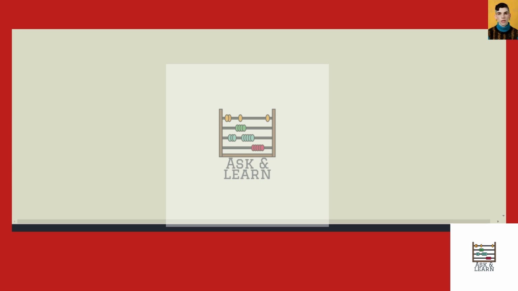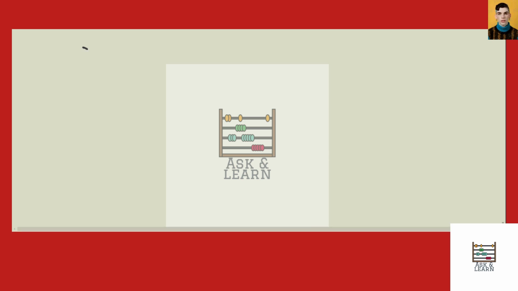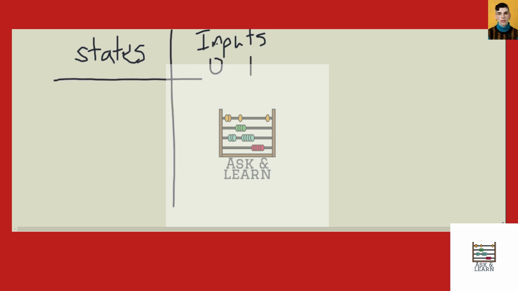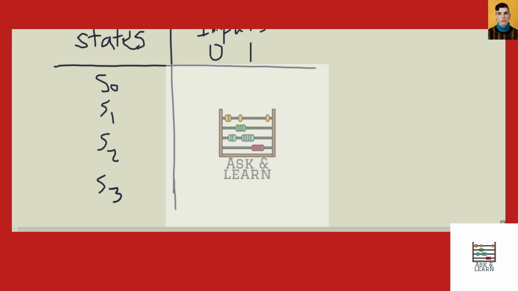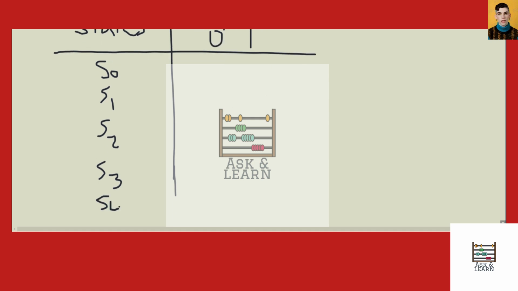So I'll draw a table. On the left side, I'll have the states, and in the right column, I'll have the inputs, which can only be 0 or 1. So for the states, we have S0, S1, S2, S3, S4, and S5.